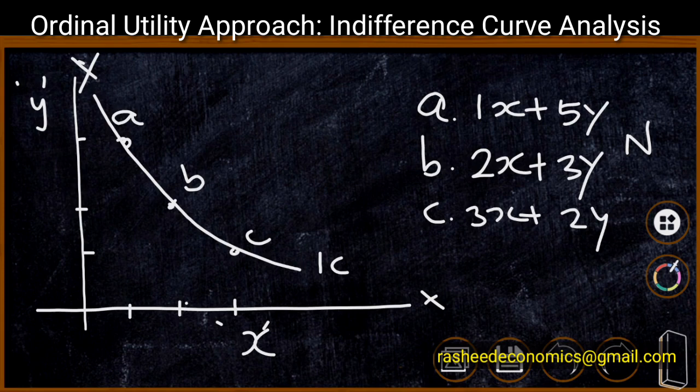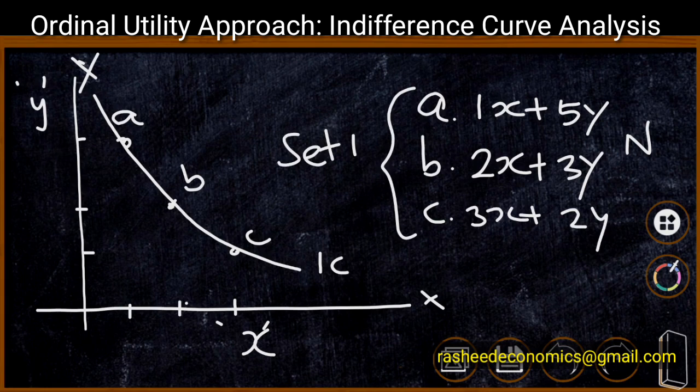Therefore, we can derive an indifference curve by joining the locus of different combinations of two commodities that provides the consumer same level of satisfaction. Once again, indifference curve is the locus of combinations of two products that gives the consumer same level of satisfaction.